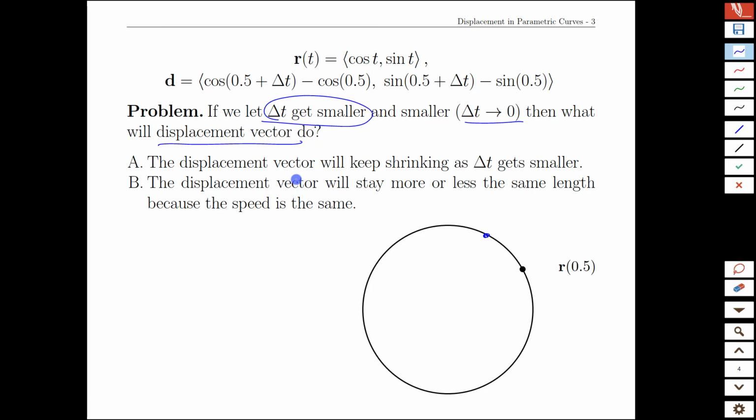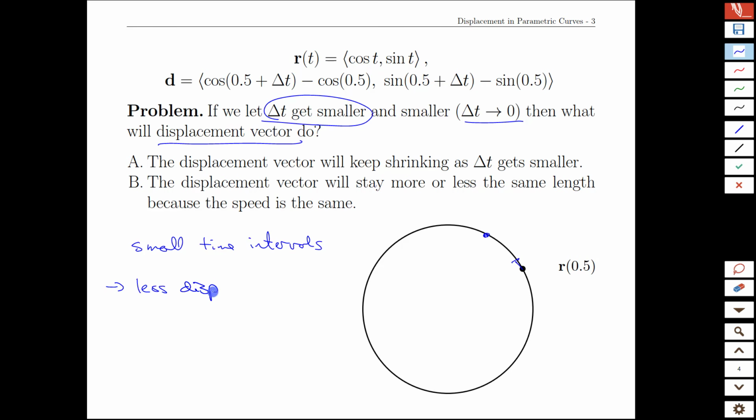All right. Well, if we imagine small time intervals, what we get is less motion, right? Because we have less time, and that leads directly to less displacement. In fact, if we ended up with delta t going to 0, there's actually no problem with that.